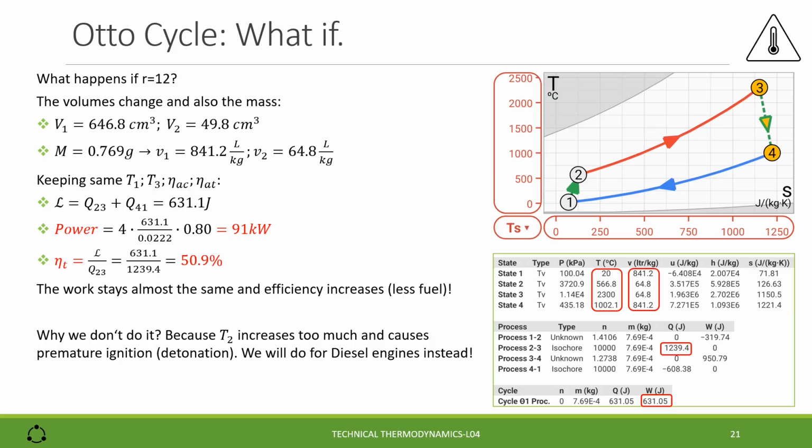In this case it assumes the value of 566 degrees, and that causes premature ignition, also detonation. Nevertheless, we do this for the diesel engines instead. We will see this in the next slides.